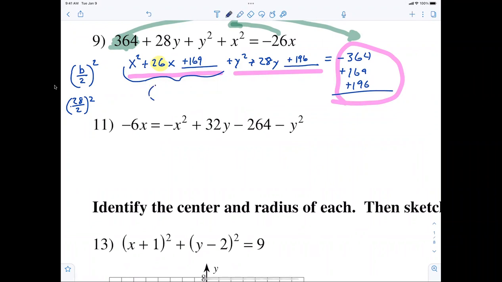So this factors to x plus 13 squared. The y's will factor to what? Y plus 14 squared. And if I add 364, 169, and 196, I think that's a 1.